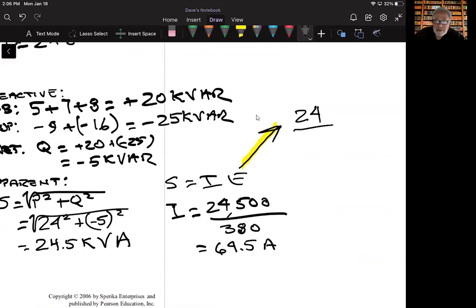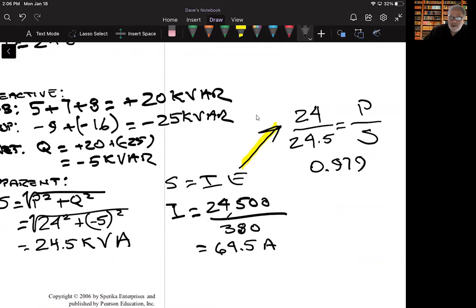I'm sorry. It's active over apparent, P over S. And this is 24.5. So it's going to be close to 1. And indeed, we found out it is 0.979.